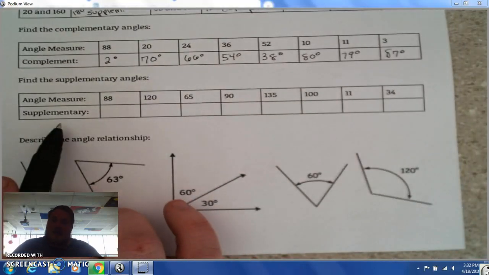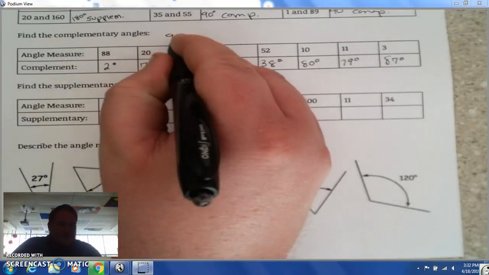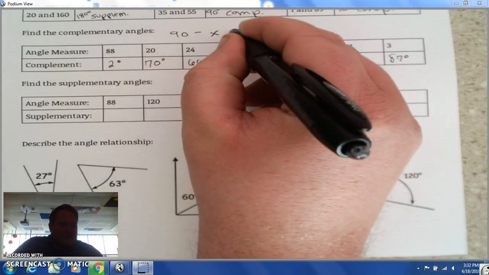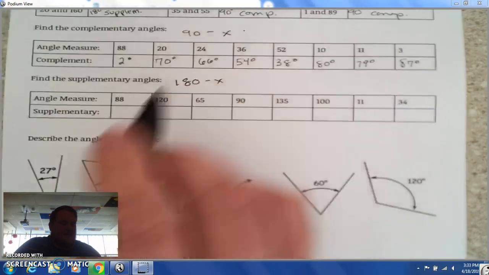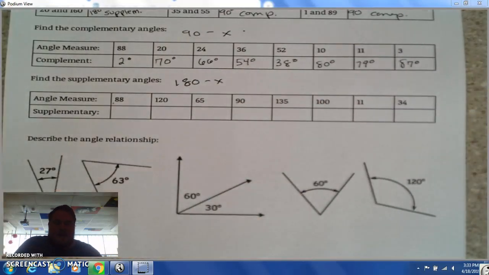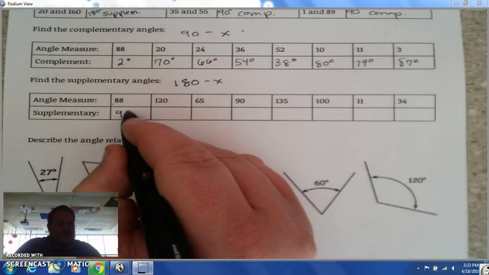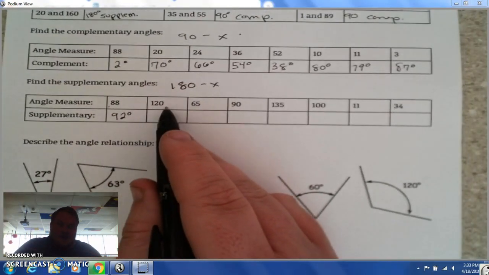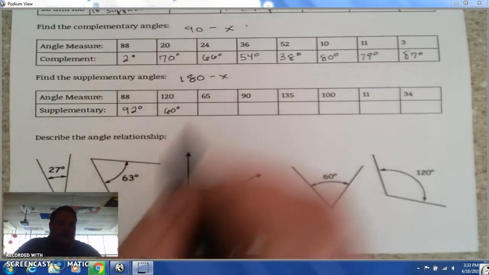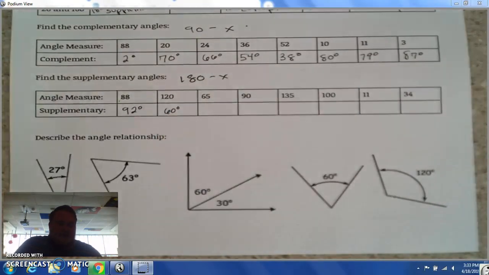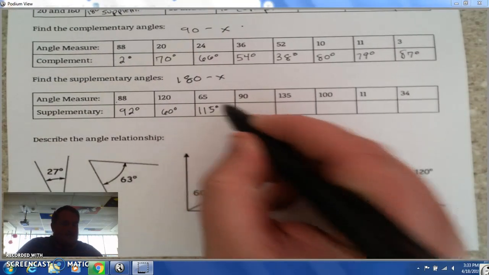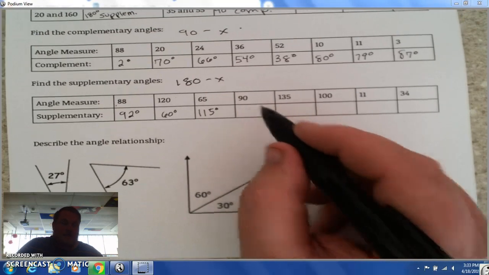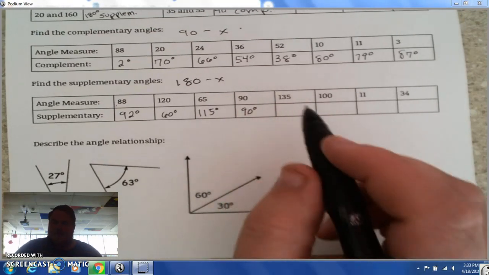Now, supplementary angles, you're going to do the same thing. I should say 90 minus x, okay? Except for now, we're going to do 180 minus x, okay? 180 minus 88, I'm using my calculator for speed because I only have 10 minutes here. That's 92 degrees. 180 minus 120 is 60 degrees. 180 minus 65 gives you 115. 180 minus 90 gives you 90 degrees.